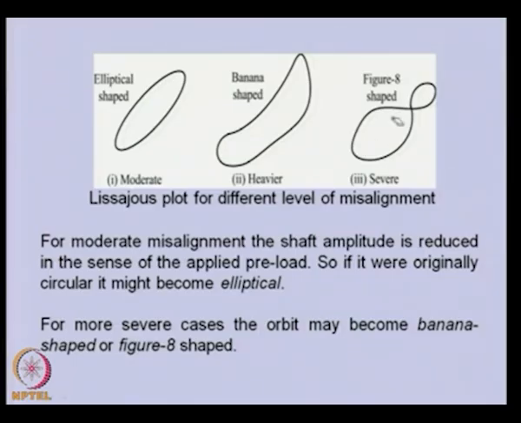So, by looking into these plots, we can pinpoint whether the rotor system is having some kind of misalignment, and what is the degree of misalignment we can identify with this.